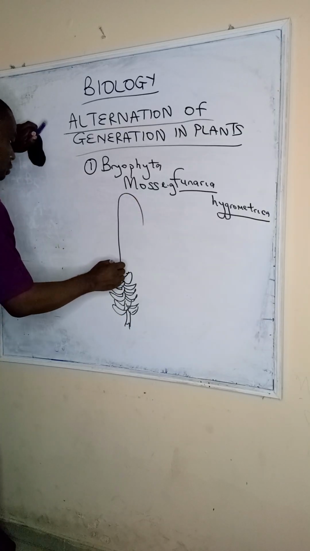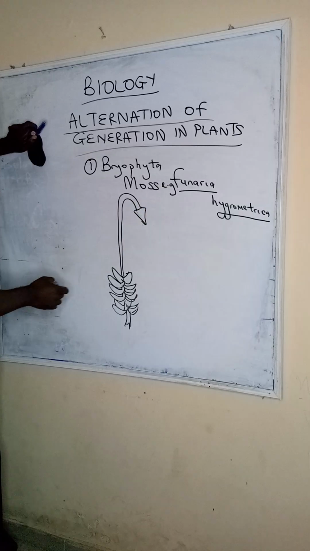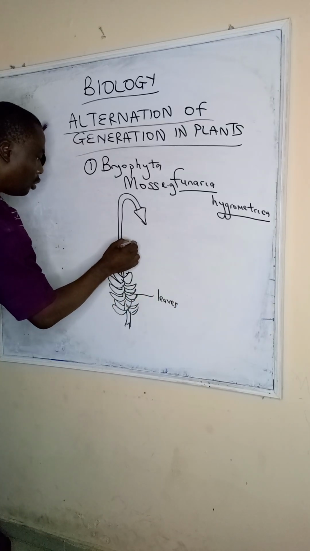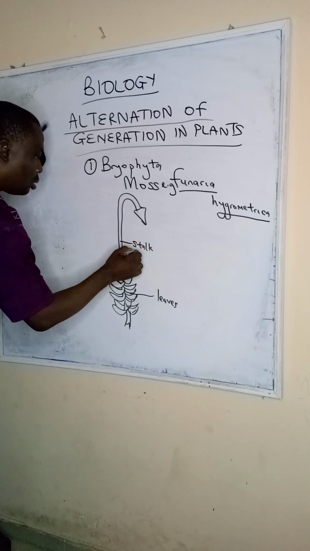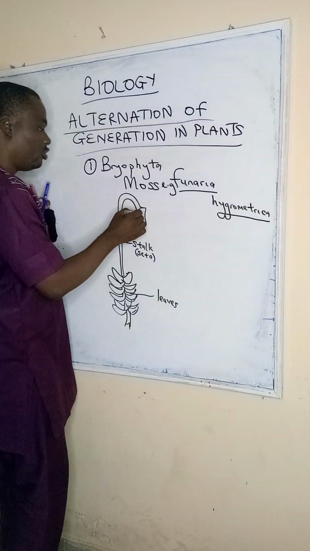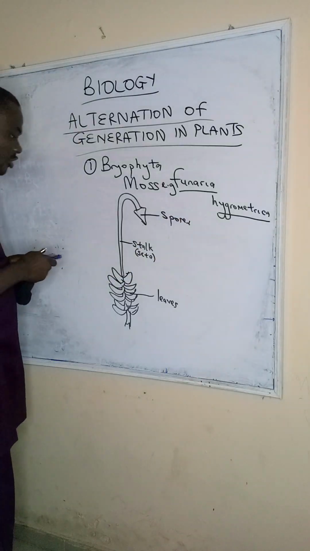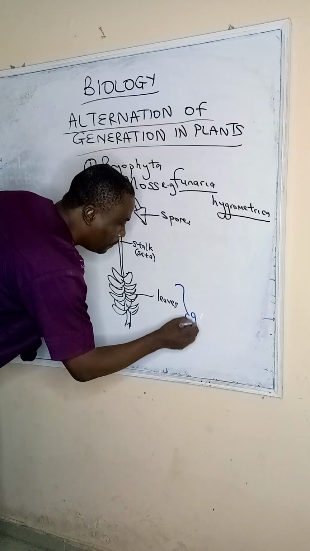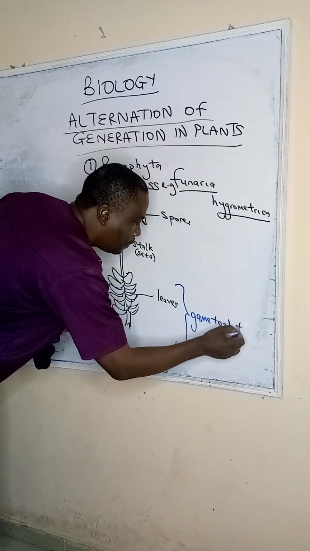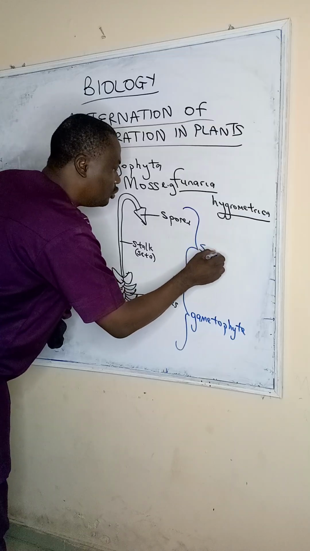These are the leaves. This is the stalk. Then spores are produced here. If you look at it closely, this place forms the gametophyte generation, and this one forms the sporophyte generation.